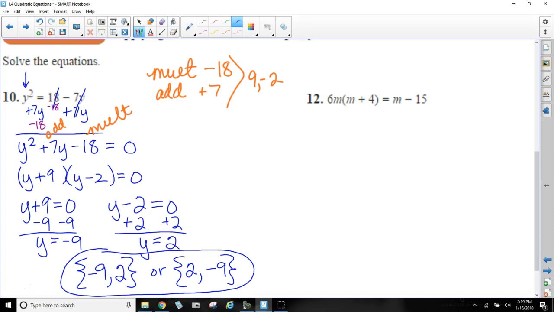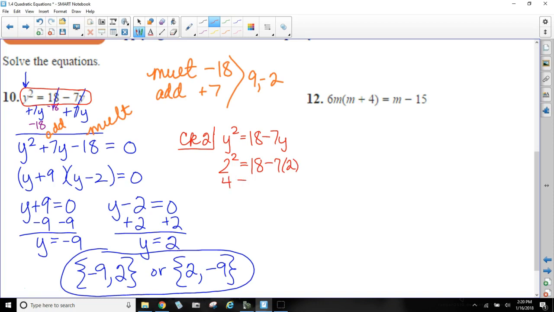Now, what I meant by checking: I'll check the positive one, because that is easier. Go back to your original equation, y squared equals 18 minus 7y. If I'm checking 2, 2 squared should be equal to 18 minus 7 times 2.